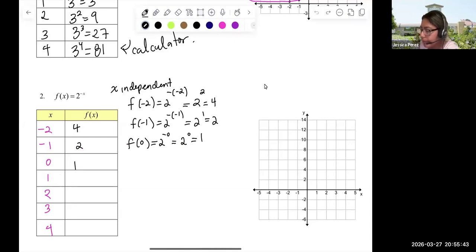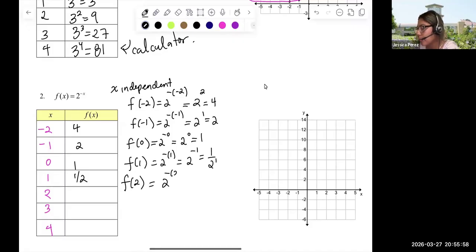So let me go back here. f of 1 is 2 to the -1, or 1/2. When I find f of 2, it's 2 to the negative 2, or 1 over 2 squared, which is 1/4.